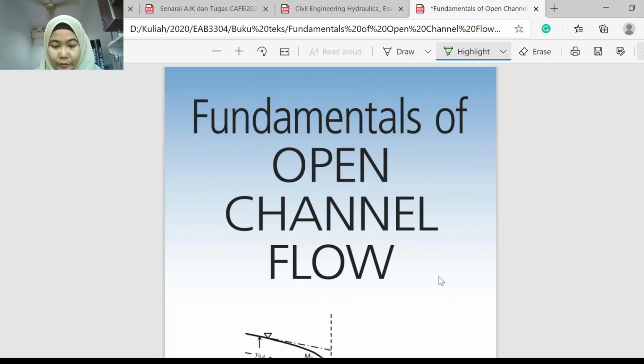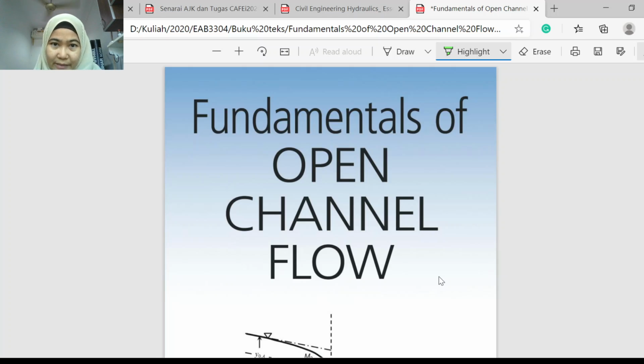Okay, and what I'm going to share with you during the lecture is the simplified version from the textbook. So if you want to know every detail, you can always refer to the textbook. Because I also refer to the textbook and you must also refer to the textbook.